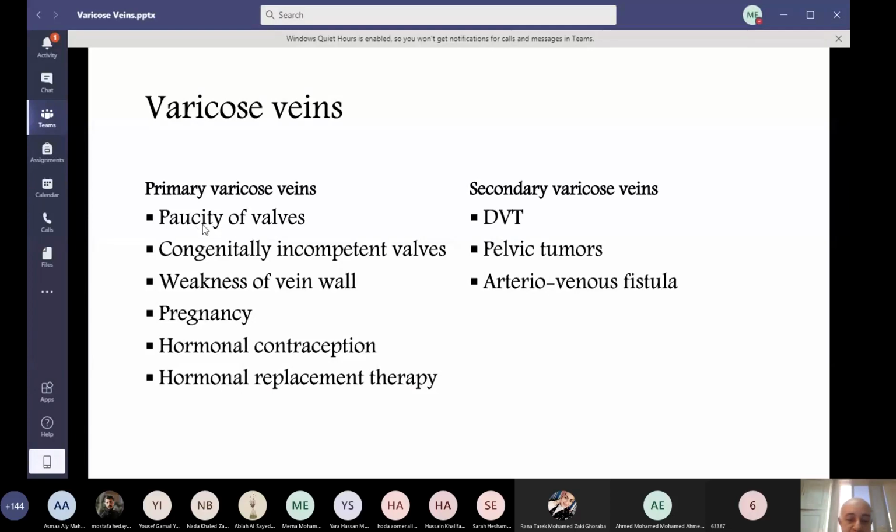This is number one, the deficiency of the valves. Valves are decreased in number, or the valves are congenitally incompetent, or there is a weakness of the vein wall. It cannot withstand the normal pressure to which it is subjected. Therefore, it is dilated, elongated, and tortuous. This happens in case of weakness of the mesenchyme.